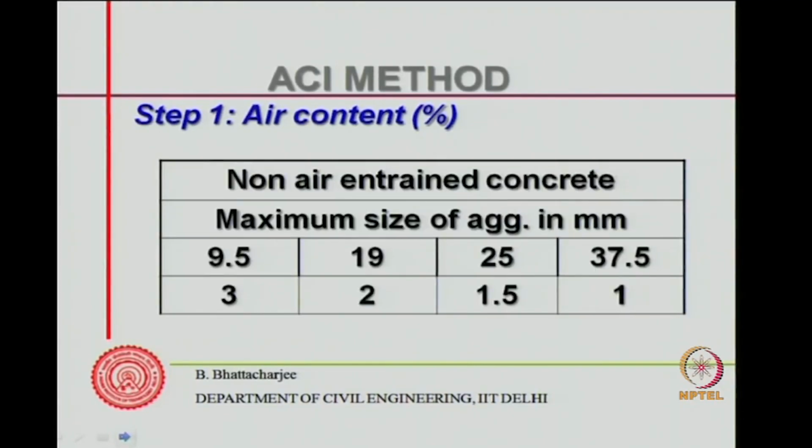For non-air entrained concrete, typically you can take the air content as 3% of the total volume, 2%, 1.5% and 1% for MSA increasing from 9.5 mm to 37.5 mm. That means the bigger the MSA, the better the packing, so your air content and paste reduce. That is what is given for non-air entrained concrete.